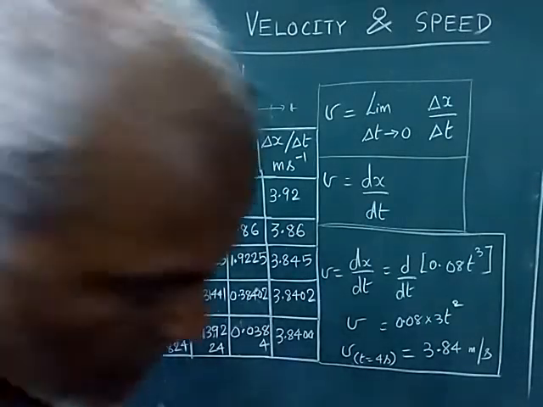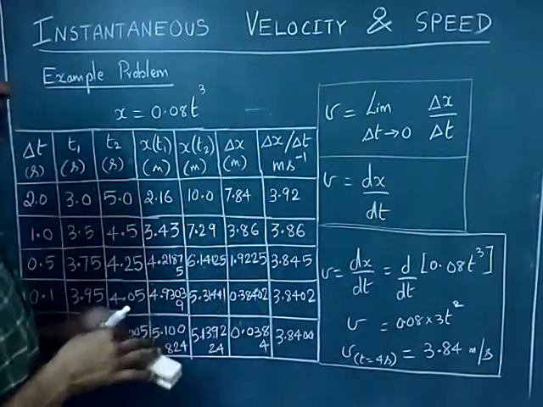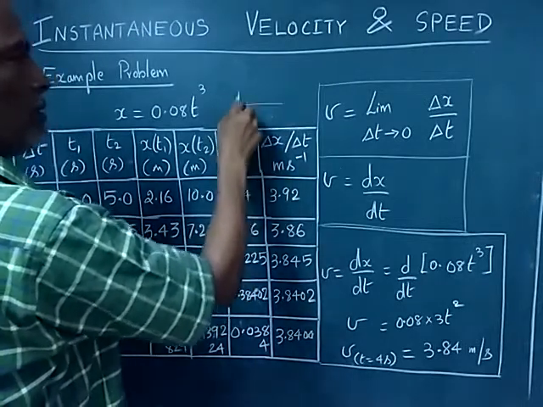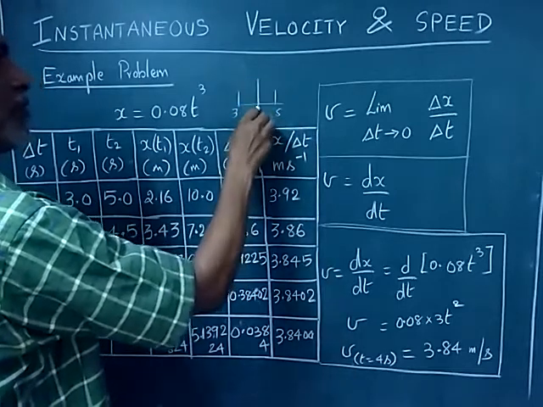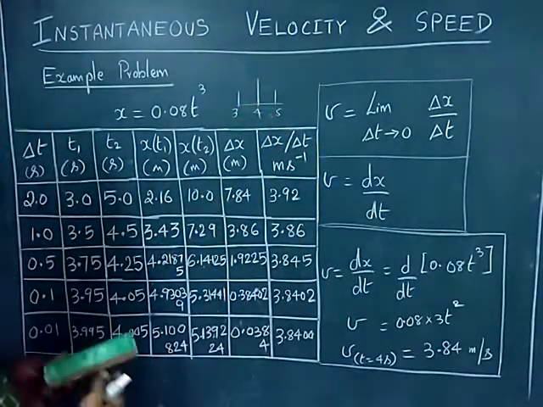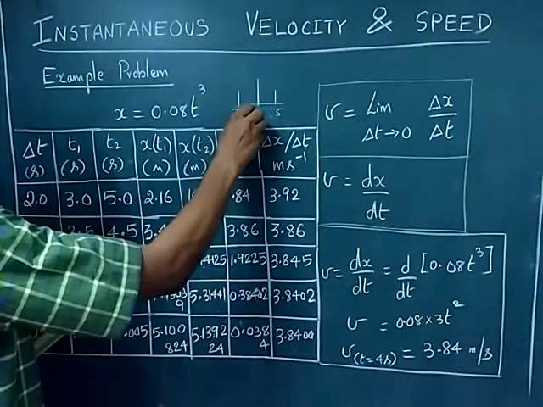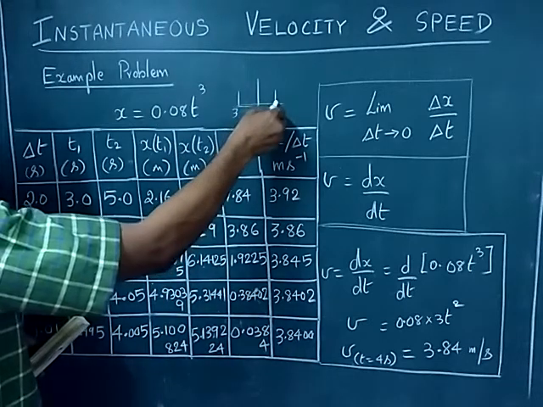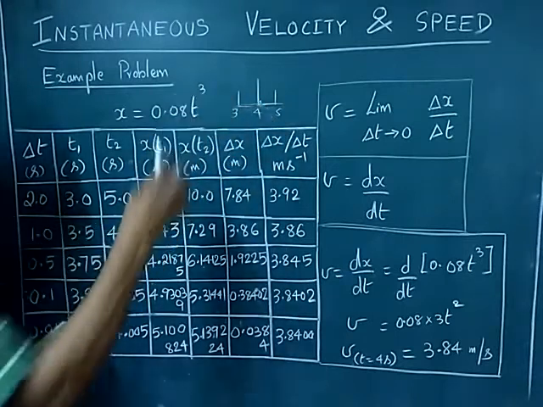The idea is we want the velocity at 4 seconds, so we take this end as 3 and this end as 5 and try to approach 4 seconds. From 3.5 you are moving in this direction, very close to 4, and from 5 you are slowly decreasing, very close to 4.